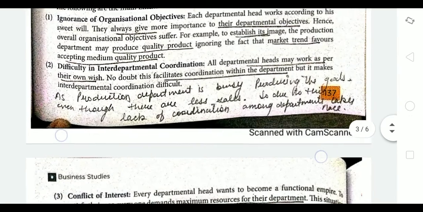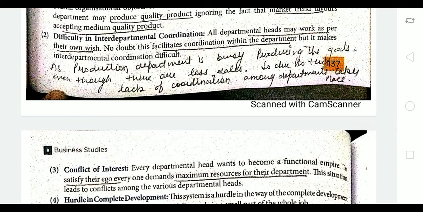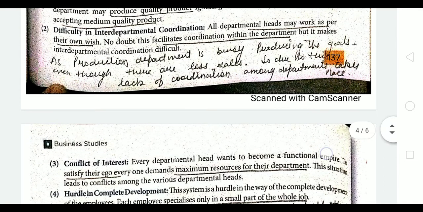Second, we have the difficulty in interdepartmental coordination. As all the heads of the departments are working according to their own wish, no doubt this facilitates coordination within the department, but it makes it very difficult for all the departments to coordinate.